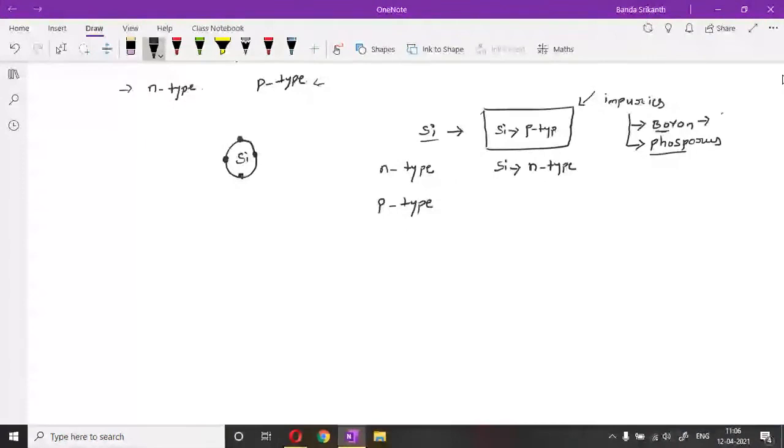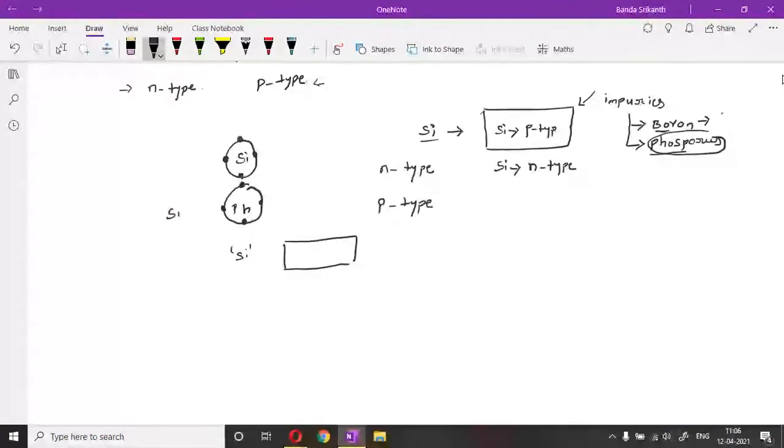That means when we say the silicon material is an N type material, if you add phosphorus atoms into the silicon material, the phosphorus atoms have 5 valency electrons. Suppose you add one phosphorus atom here, there are 5 valence electrons for the phosphorus atom.